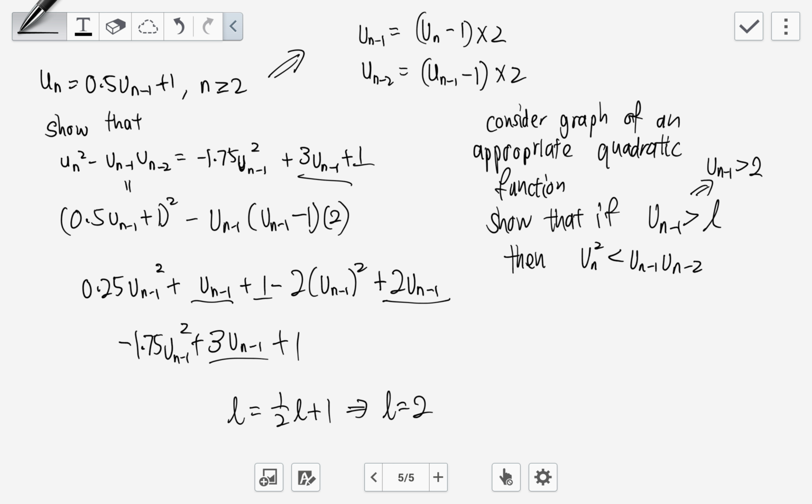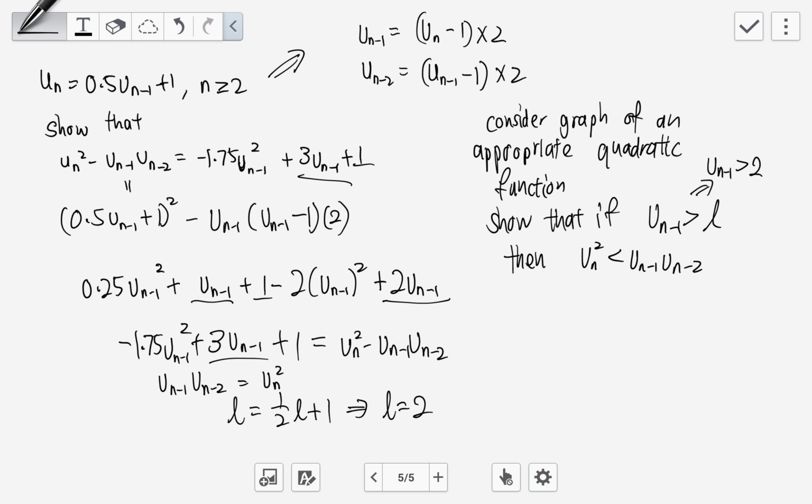So what is this one? This is equal to u_n square minus u_n minus 1 minus 2, and this is this part. I want to bring this over, and bring all these terms over, so that I get this positive. First, I bring this over, I get u_n minus 1 minus 2, and this one will be u_n square, correct?